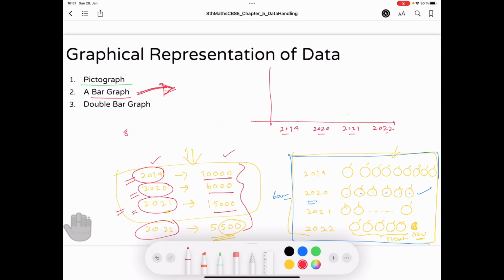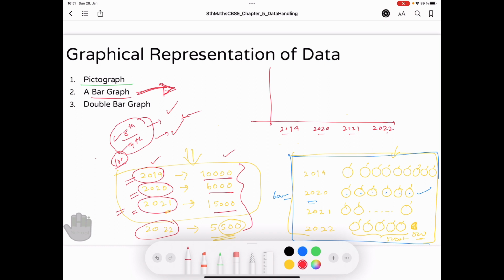Maximum height of 8th class students, or number of students in class 8th, some number of students in class 9th, some number. So here the categories are 8th, 9th, or say 10th. These classes are the categories here, and the corresponding numbers of students are here. So numbers categorized. Okay, so we represent such categorized numbers using a bar graph.